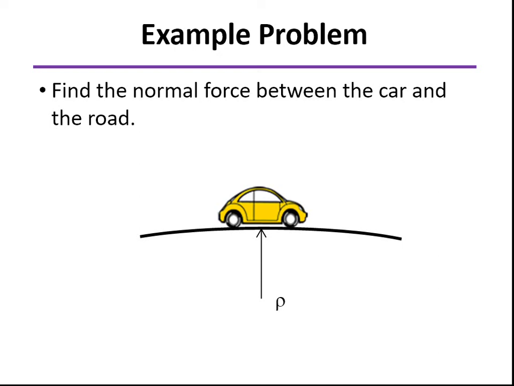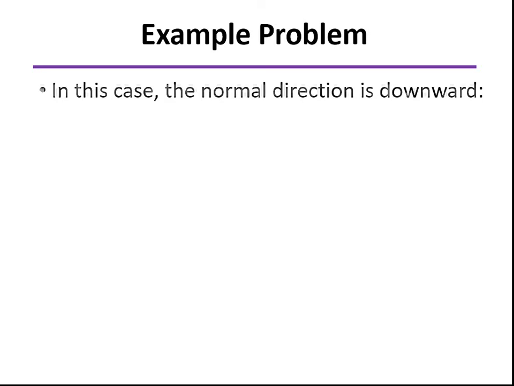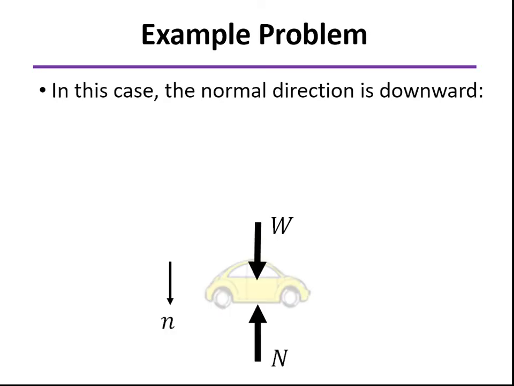Now, again, notice that the center of curvature is going to be downward in this case. And so when we draw the free body diagram showing the weight and the normal force, and when we get ready to sum the forces, remember that the normal direction toward the center of curvature in this case is downward.